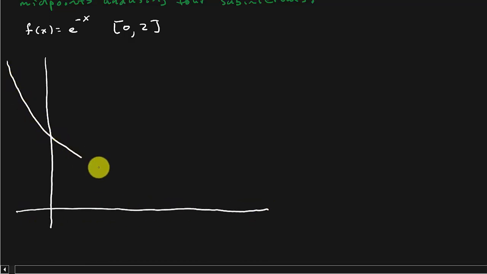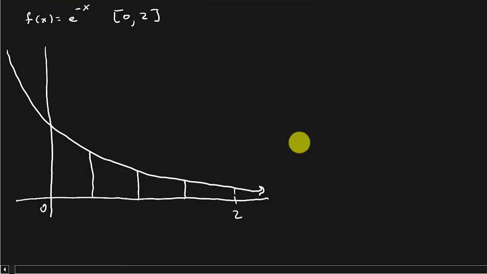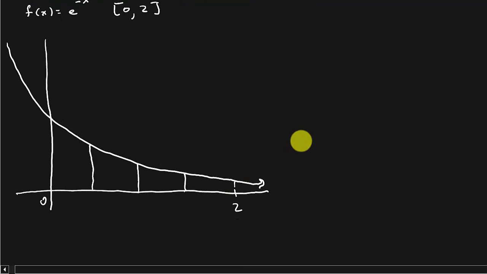And so this graph's going to come in here like this. And we're going from 0 to 2. And we are doing 4 rectangles. I know these things are wide, but I like to make them wide so I can write in there. Exaggerate it, or you're going to be all cramped up writing stuff in there.